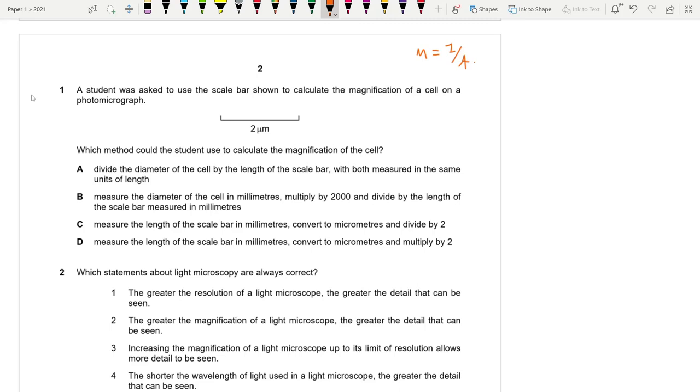Divide the diameter of the cell by the length of the scale bar, with both measured in the same units of length. Measure the diameter of the cell in millimeters, multiply by 2000 and divide by the length of the scale bar measured in millimeters. Measure the length of the scale bar in millimeters, convert to micrometers and divide by 2. Measure the length of the scale bar in millimeters, convert to micrometers and multiply by 2.